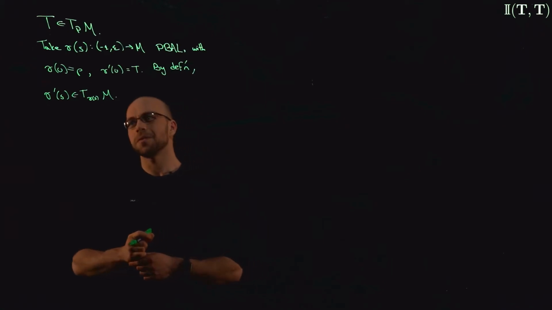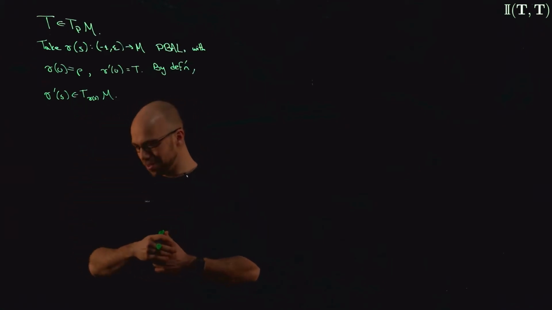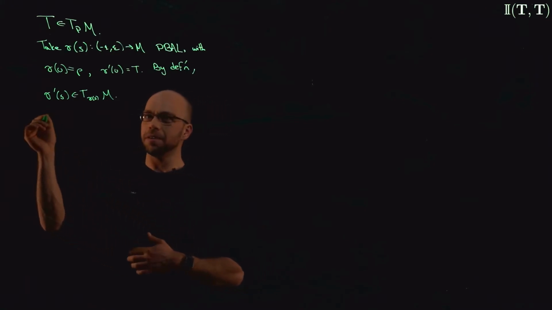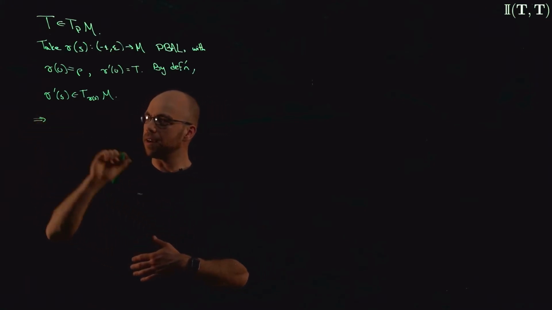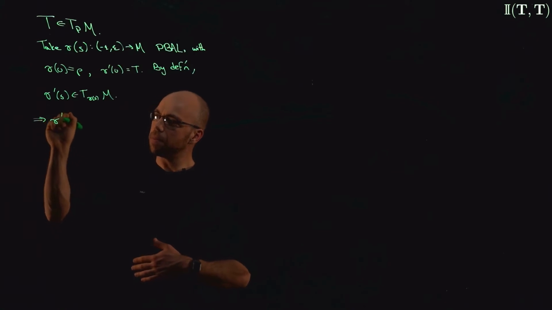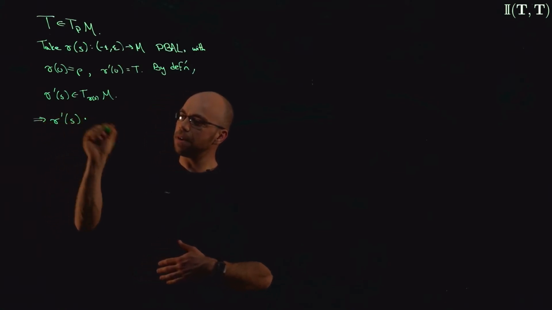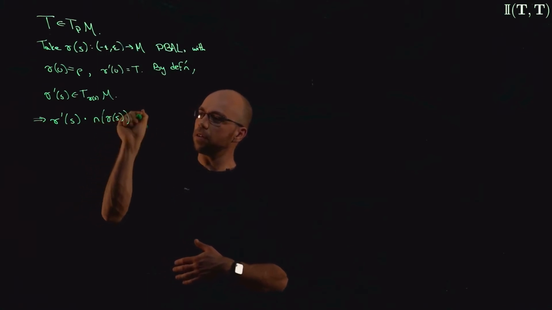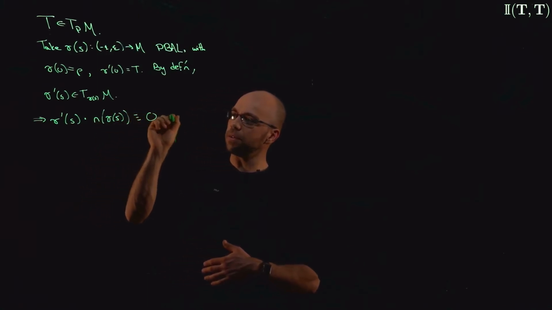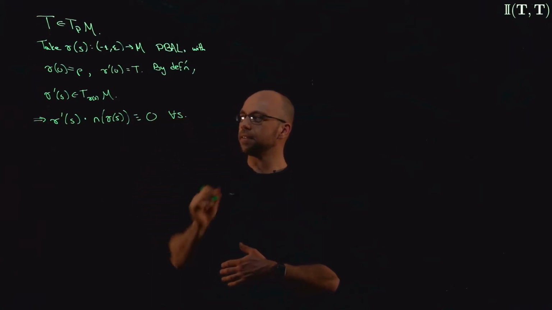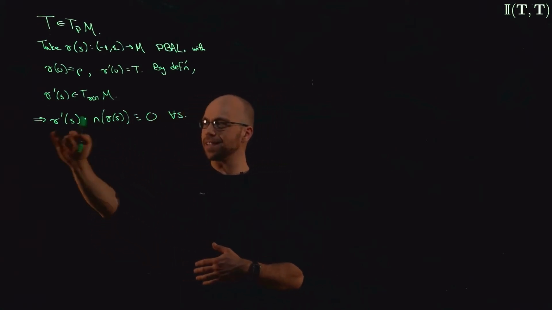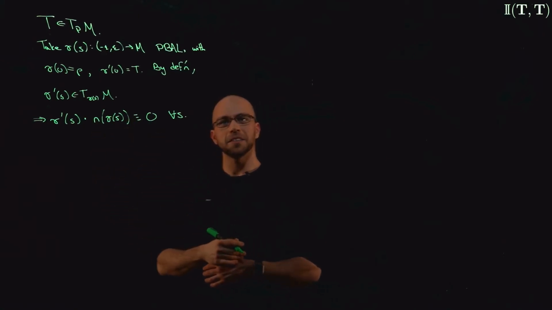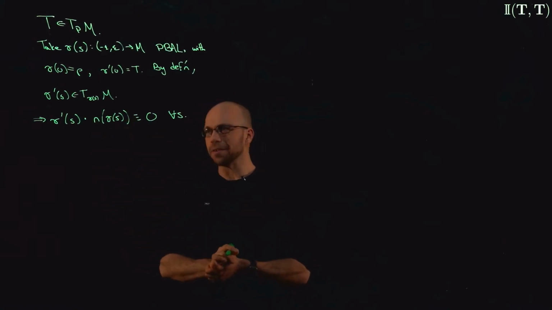Okay, so one thing that we know about tangent vectors is that they are perpendicular to normal vectors. So in particular, we know the following dot product. We know that gamma prime of s dot product with the normal vector at gamma of s is always going to be equal to 0 for all s, right? And that's just a statement of the fact that gamma prime is in the tangent plane and n is the normal vector. Just by definition, these things are perpendicular to one another.